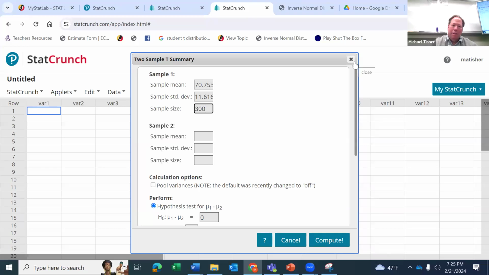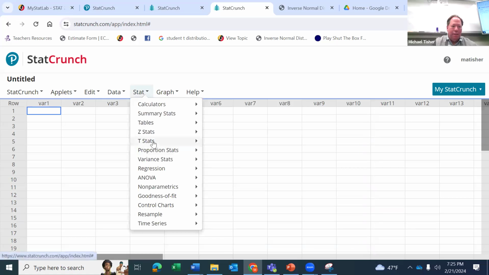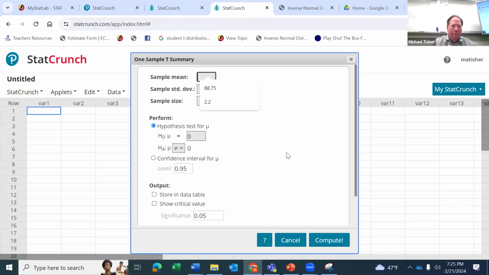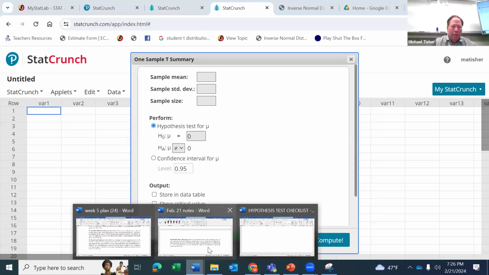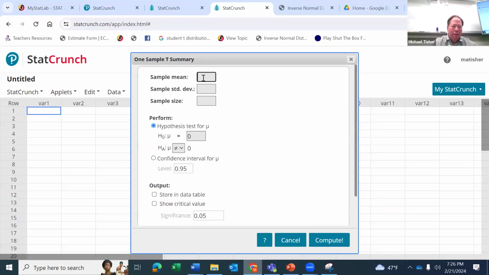Let me start over again. Okay, so stat, then T-stats, one sample with summary, right? All this information again. 70.75333.